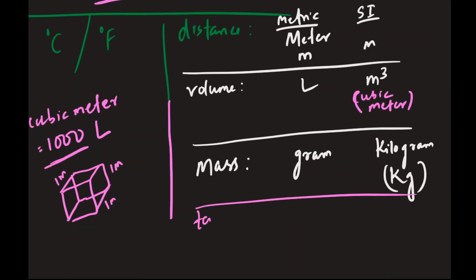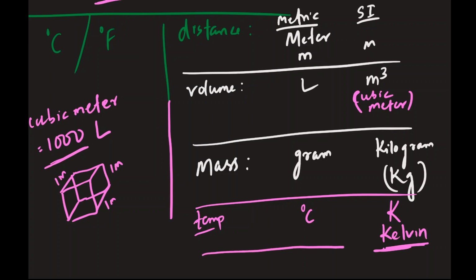Let's do temperature. I just said temperature is degree Celsius and degree Fahrenheit. Degree Celsius is our metric unit. Degree Fahrenheit is not the SI unit. The SI unit is Kelvin, and you will be using a lot of Kelvin later in the class. What else do we measure?